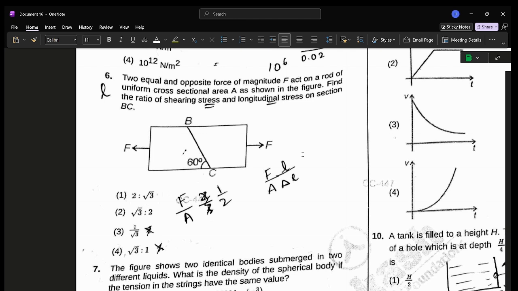I think I can just be bland with it and go with the option of root 3 is to 1. Okay, let's check if we are right or wrong. We're wrong. The answer is 1 is to root 3. Now let's look into where exactly we've gone wrong.